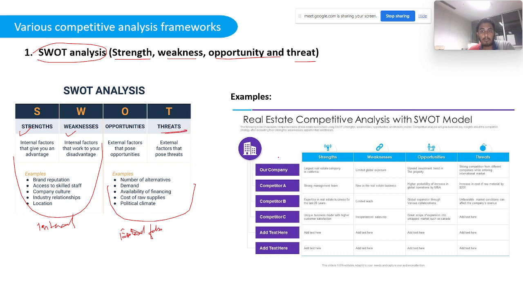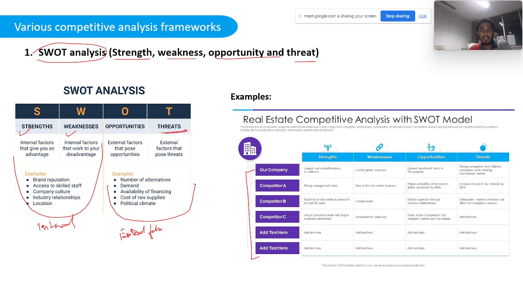Now we compare the strength, weakness, opportunity, and threat. We use these as the features, and we compare various competitors and our unique value proposition and try to see where we stand.